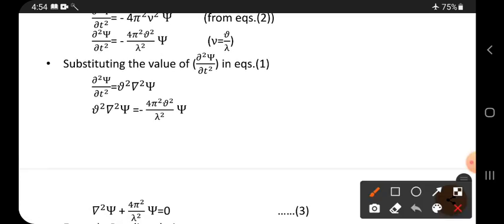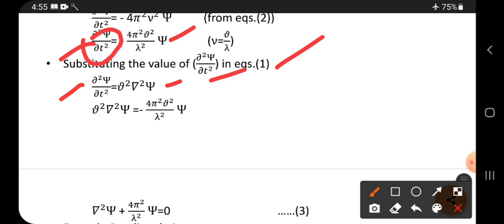Substituting the value of dou square psi by dou t square in equation 1, see what the equation is. I have written it again here, so no need to go back and look continuously. In equation 1, in the place of dou square psi by dou t square, substitute this term.